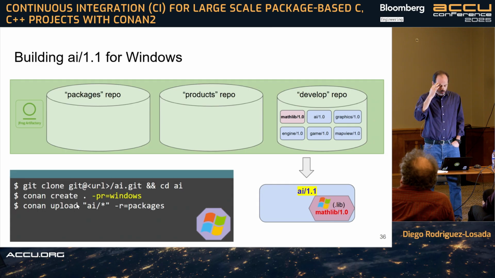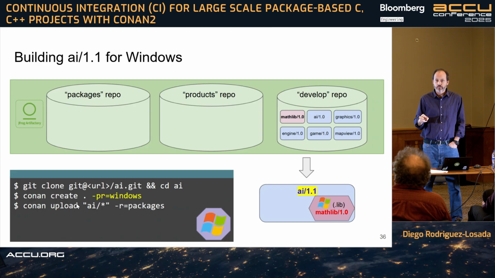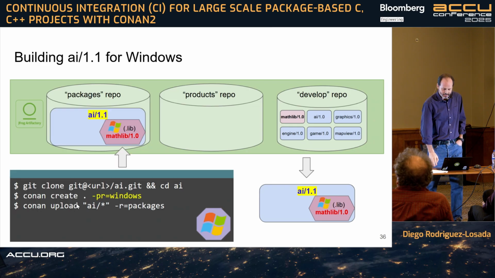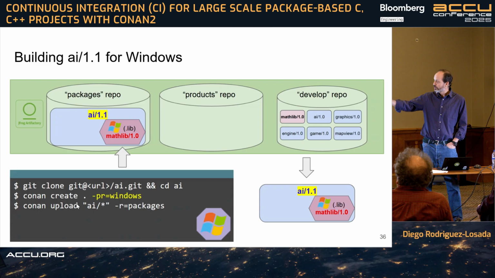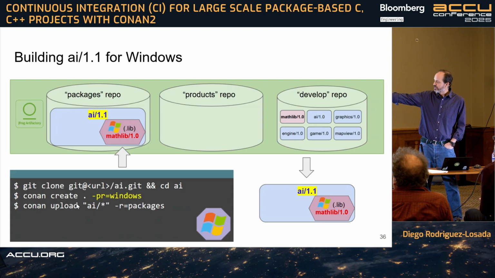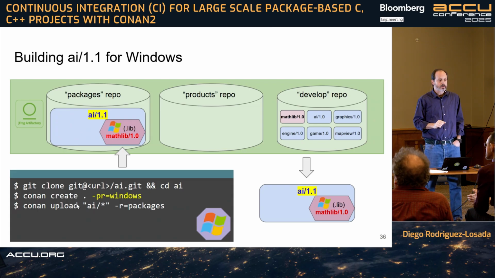In some way, mathlib 1.0 will be part of the binary that I'm building for AI 1.1. And then in the last step, the binary is uploaded to the packages repo. The binary that I created has some binary information there using mathlib 1.0, right?